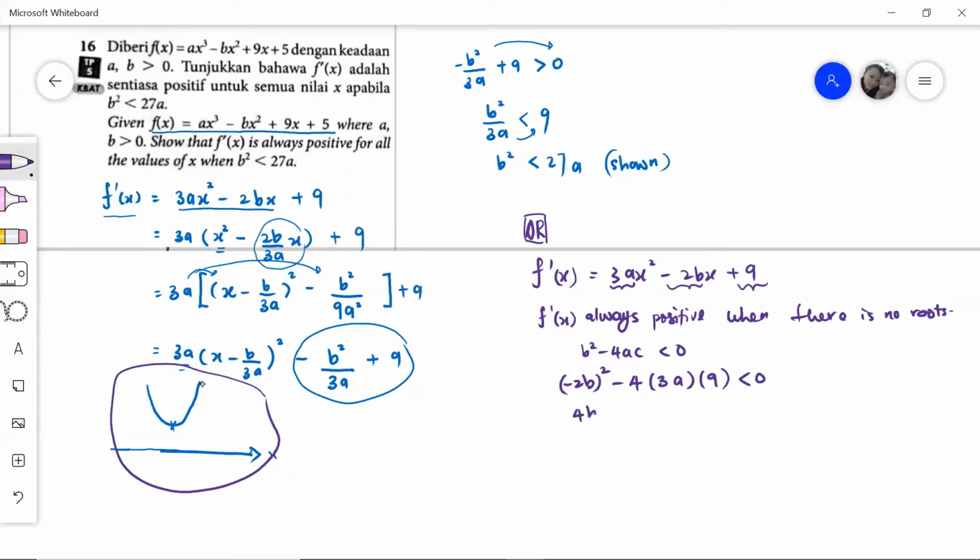We have 4b squared minus 4 times 27a. I'm not going to multiply the 4 in because I see 4 there, so I divide by 4 on both sides. I have b squared minus 27a less than 0. Therefore, b squared is less than 27a. Again, we have just shown this. So that's it for question number 16.